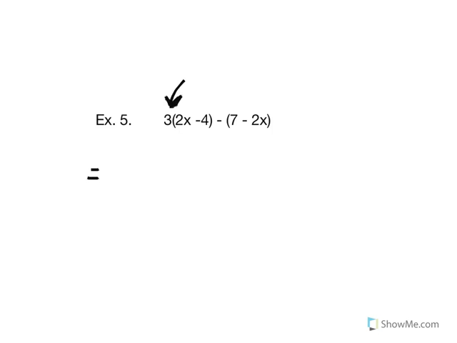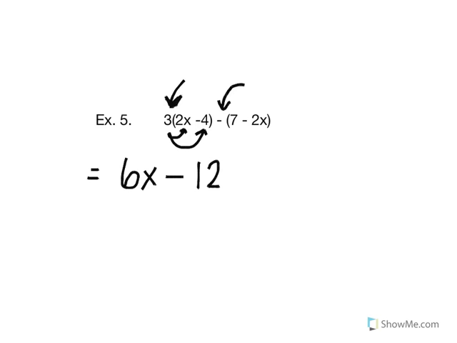The 3 gets on the 2x, and the 3 distributes to the -4. This second set of parentheses is tricky though, and the reason it's tricky is because what's touching it is a minus.